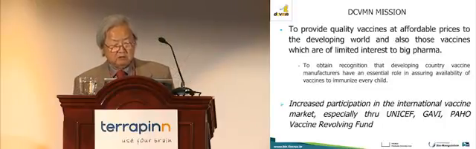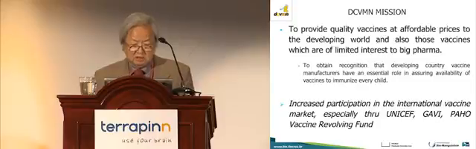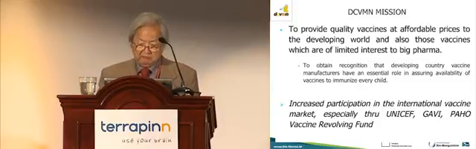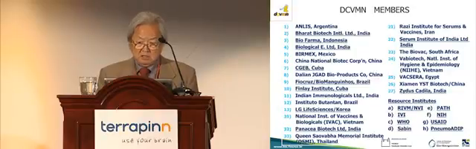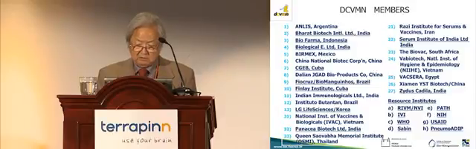We have increased participation in later years in the international vaccine market, especially through UNICEF, Gavi, PAHO, and the Revolving Fund. Here are the names of the 27 different members and the resource institutes.